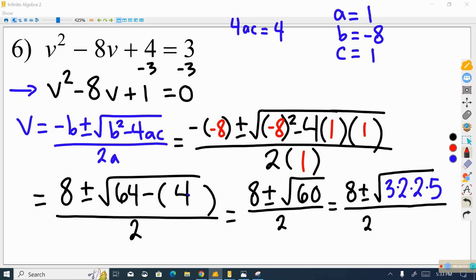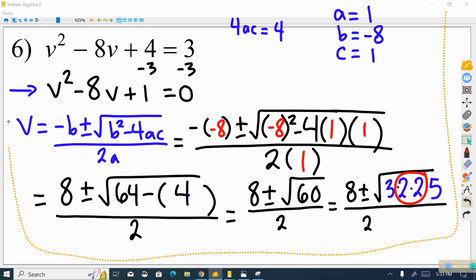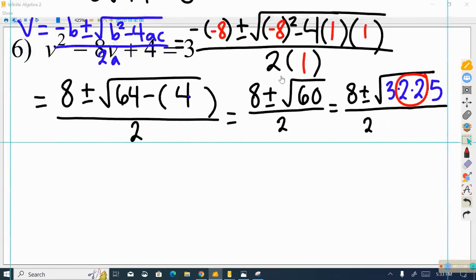And the only repeated factor that we see in here is 2. And because there's two 2's, that means that we will be able to factor out a 2 from the square root, and they'll disappear from inside. So at this next step, we'll consider how that's going to change everything, right? So now I'm going to move our work up, and we'll finish up what we were doing.